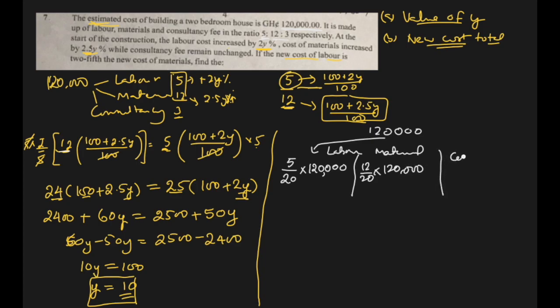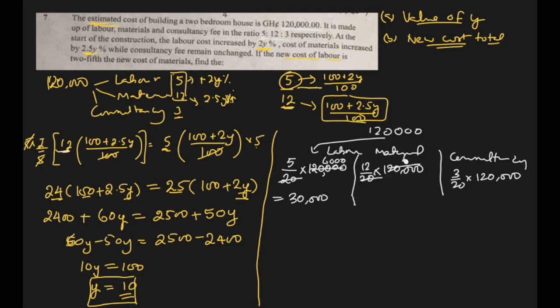And the consultancy is 3 out of 20 of 120,000. So this cancels out, it comes 6,000. So 5 times 6,000, 30,000 was the original estimated cost of labor.